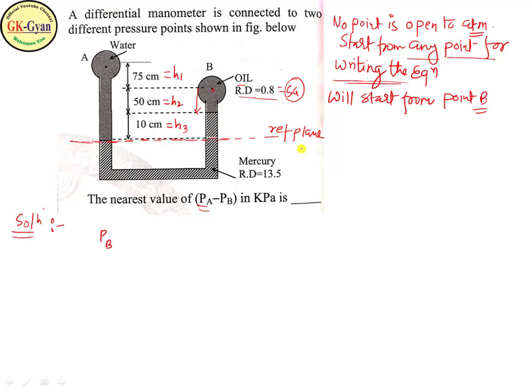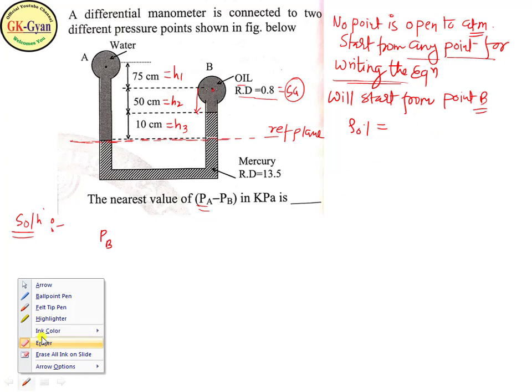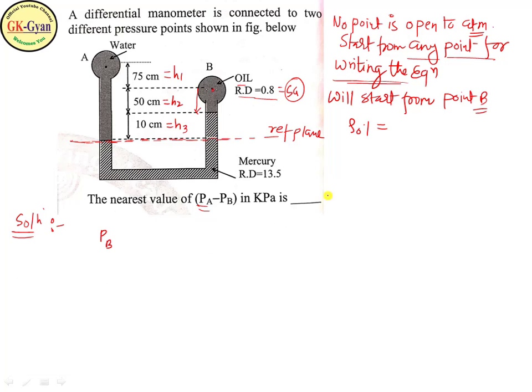So we know the density of oil will be, directly, specific gravity of oil into density of water. So it will be 0.8 into 1000.